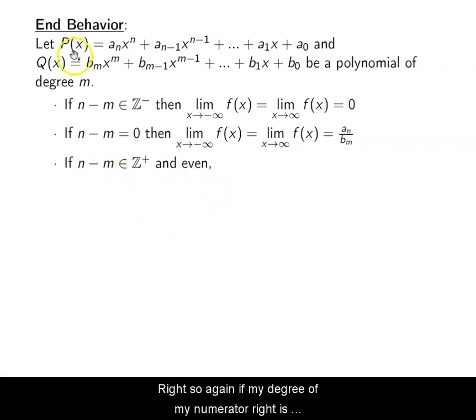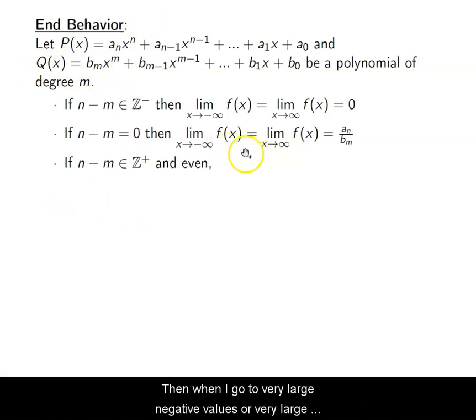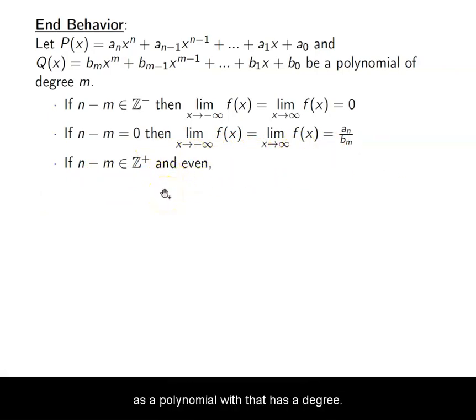So again, if the degree of my numerator is higher than the degree of my denominator, then when I go to very large negative values or very large positive values as inputs, my function behaves the same as a polynomial would that has a degree of whatever n minus m is, okay?